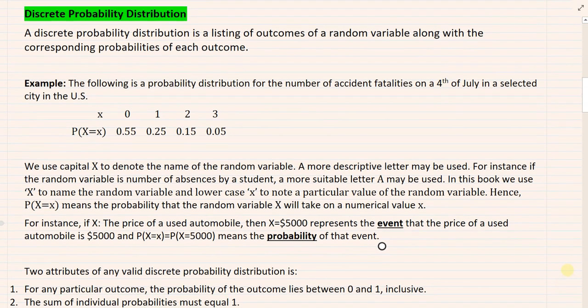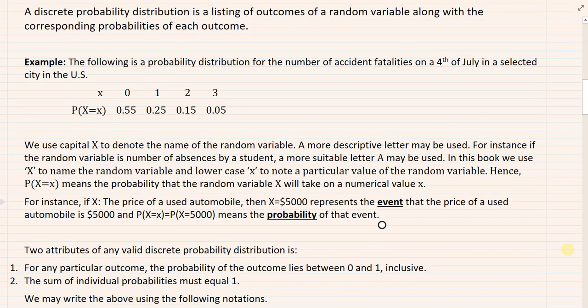Now let's take a look at the two attributes of any probability distribution. First, for any particular outcome, the probability of the outcome must be between 0 and 1. So if you look at this example I have, all of these probabilities lie between 0 and 1. That's good.